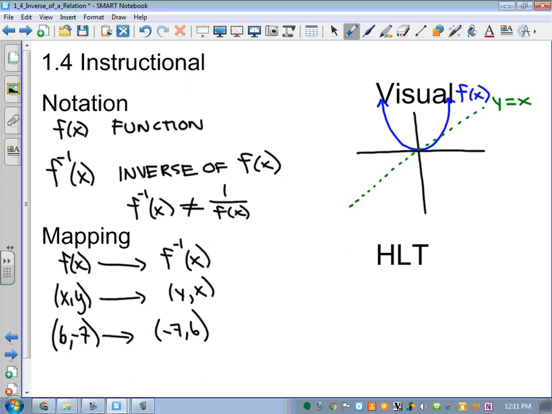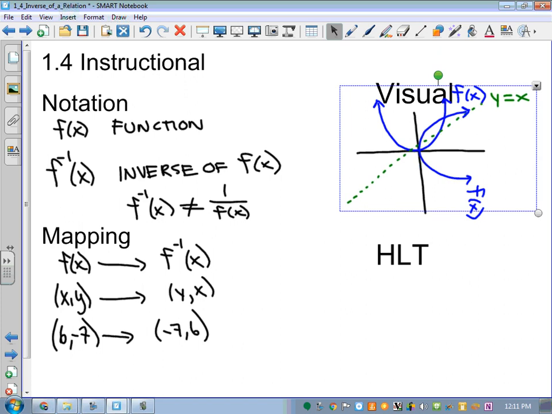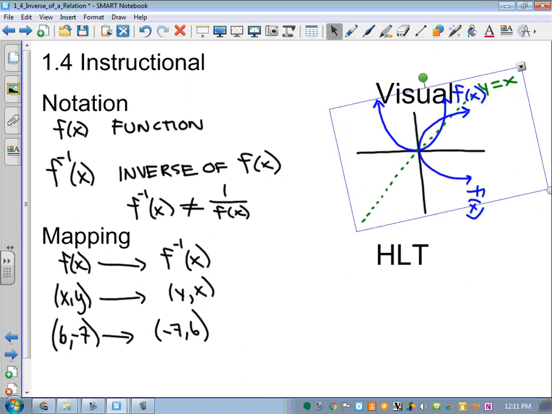What the inverse does is it takes the original function and effectively reflects it around that y equals x line. Now, I didn't draw these very well, but that's okay. They actually should intersect along the green line. When we actually do this in the notes, we will do it a bit better. I'm just going to tweak it so it works.